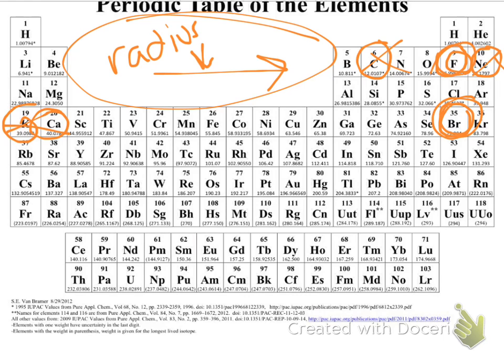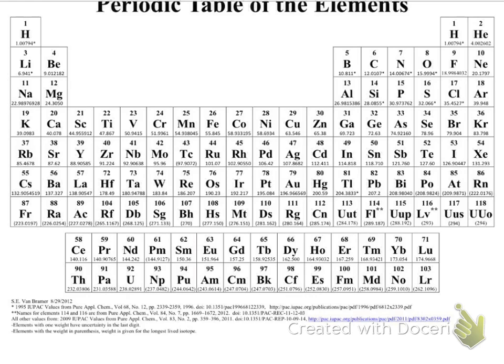The measured distance. Oh, yes. The measured distance between the nuclei of 2 identical bonded atoms. Well, once again, what I intended to write there is not what I wrote there.